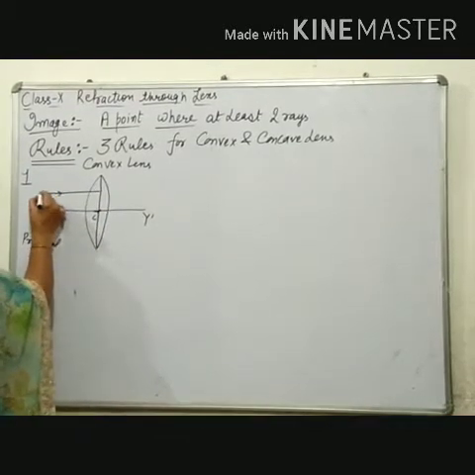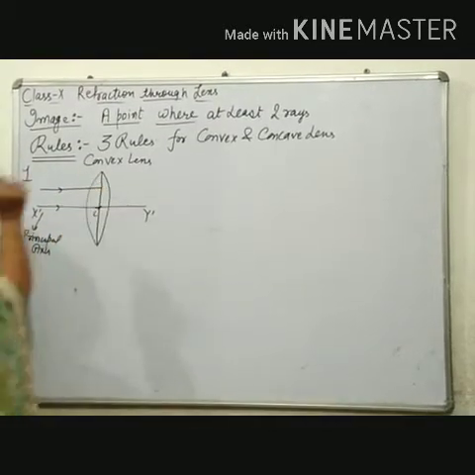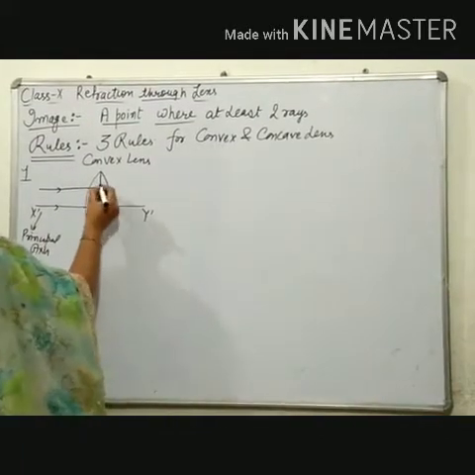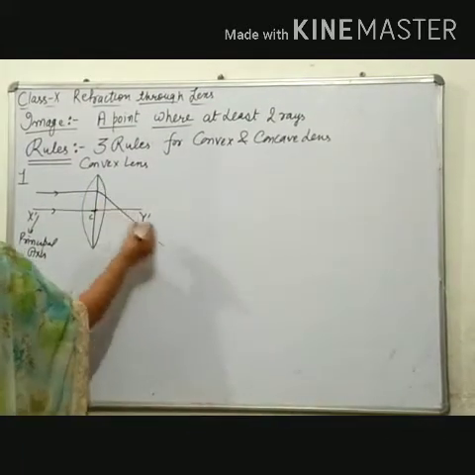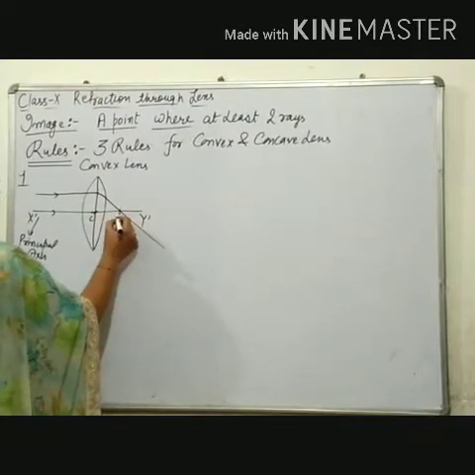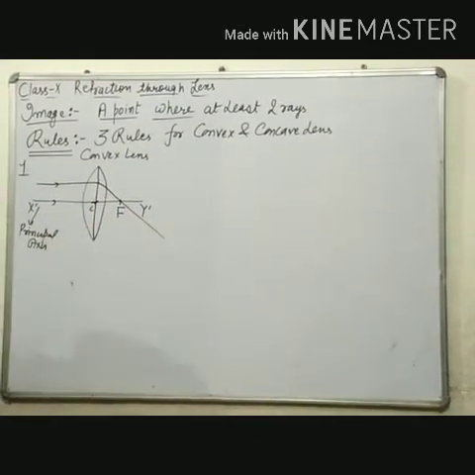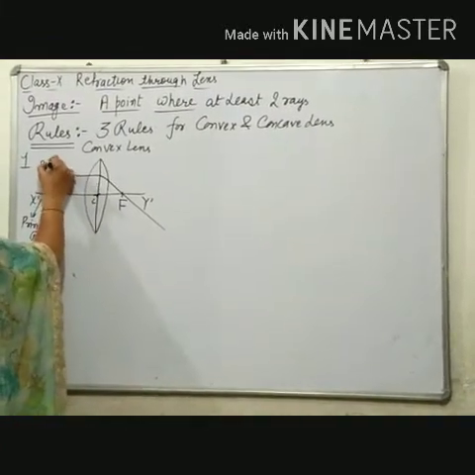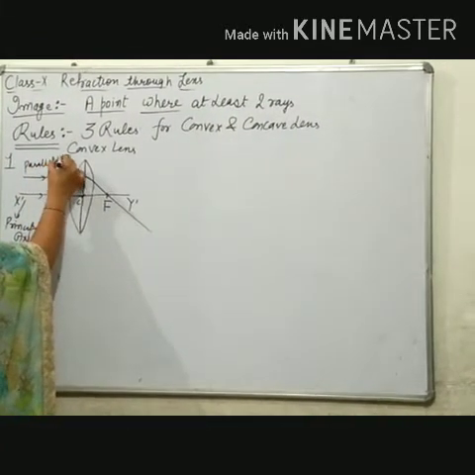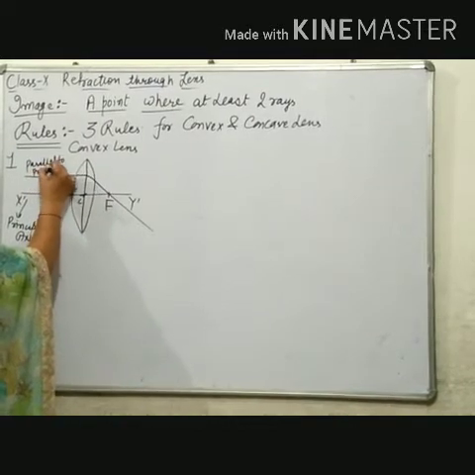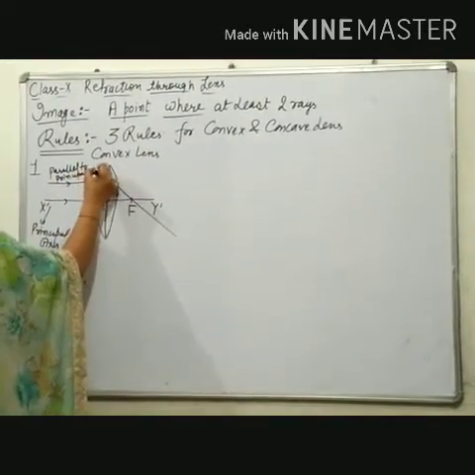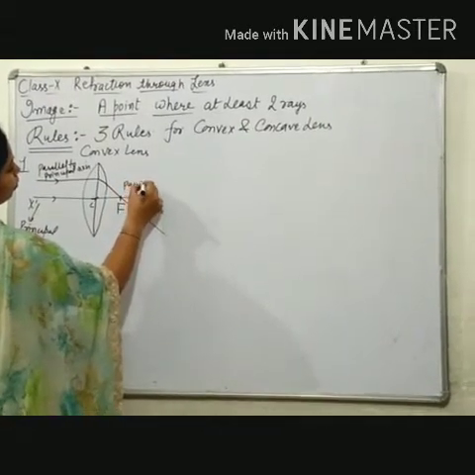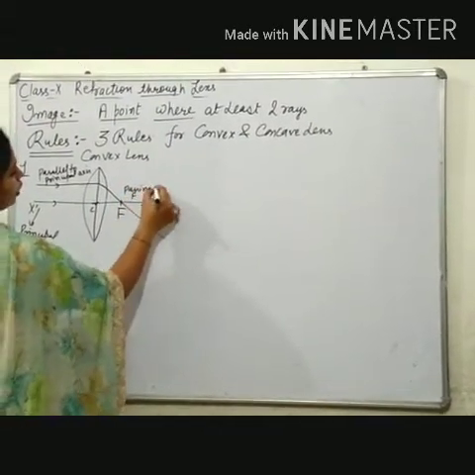So this is a ray which is parallel to the principal axis. A ray which is parallel to the principal axis, after refraction passes through a point known as the principal focus.